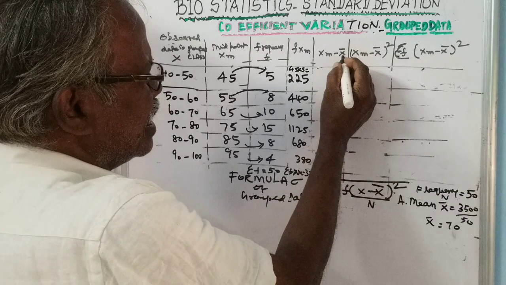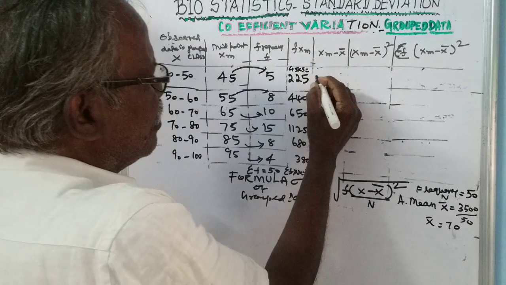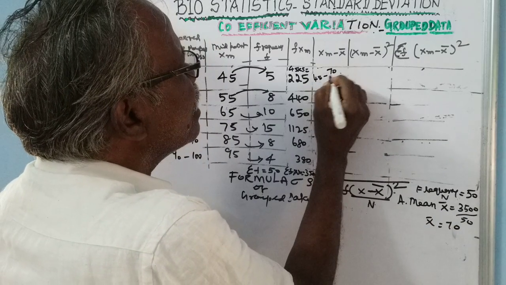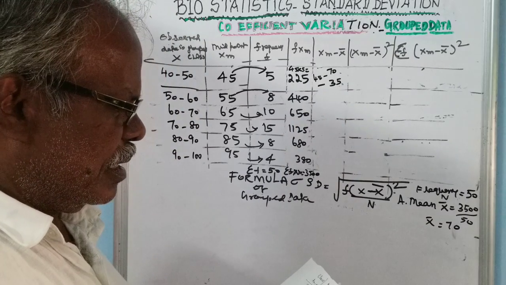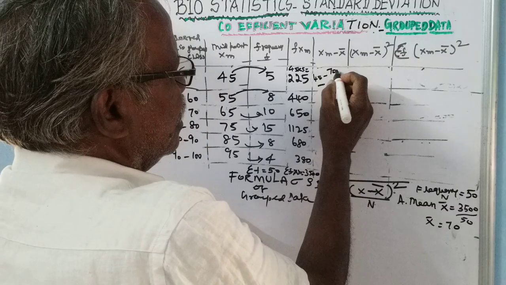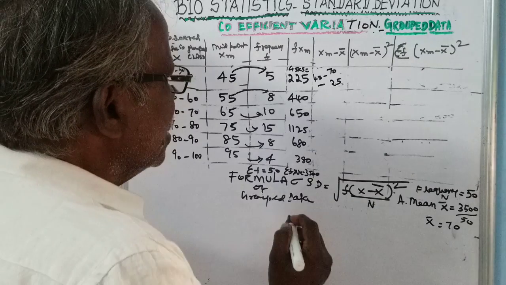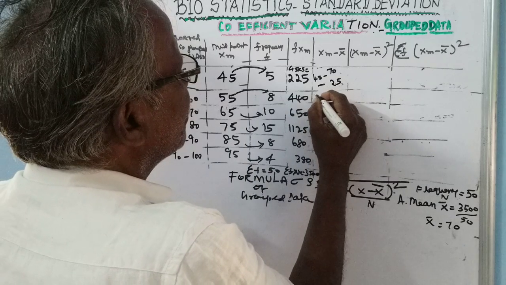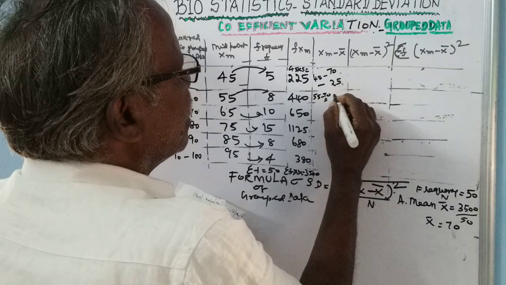So x bar, or x dash, is 70 and xm here is 45. 45 minus 70 is minus 25. Similarly, xm 55 minus 70 is minus 15.